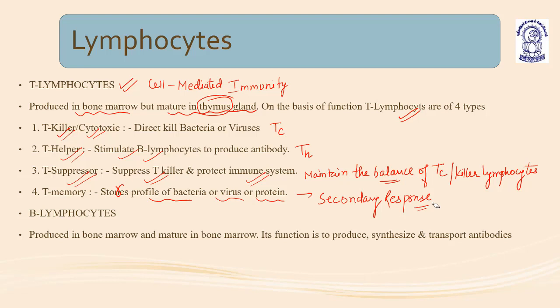When for the first time the pathogen enters the body, the memory T cells remember the attack of that pathogen, and the second time that pathogen tries to enter, the antibodies will be generated at a very rapid rate. This is the function of memory T cells. Understood? B lymphocytes are responsible for humoral immunity.